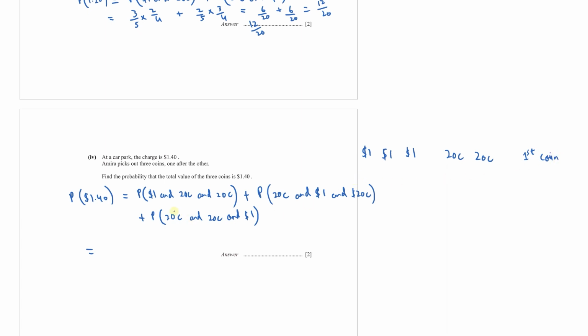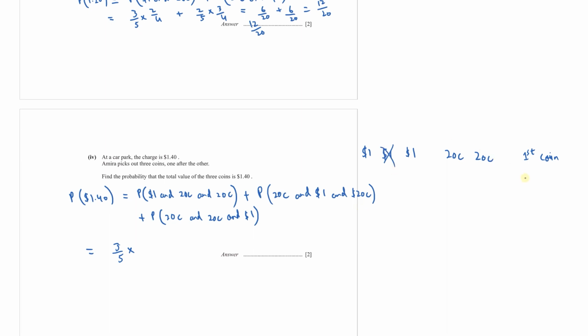So what is the probability that your first coin is $1? You pick out of these three, and you're seeing what is the probability of getting $1. It's what? 3 by 5. You have three $1 coins and two 20-cent coins. So this will be 3 over 5, picking this $1 and then 20 cents. So you multiply. Now you picked one of these $1 coins. You can cancel out any one.